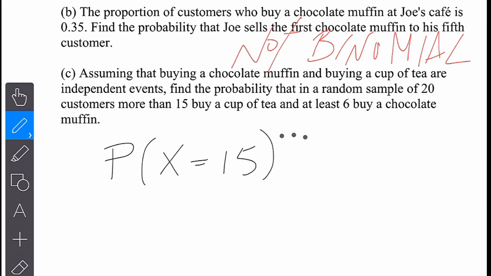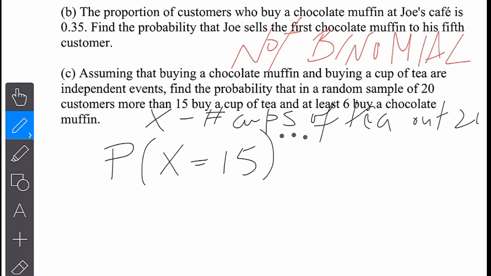So let's call X the number of cups of tea out of 20, and we'll call Y the chocolate muffin.